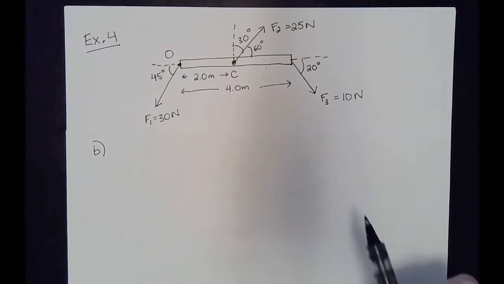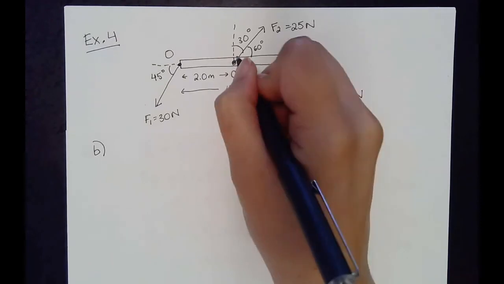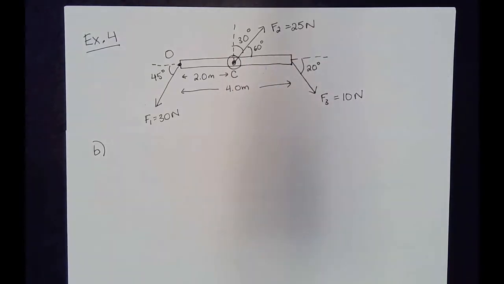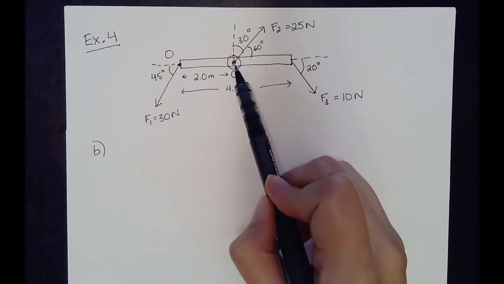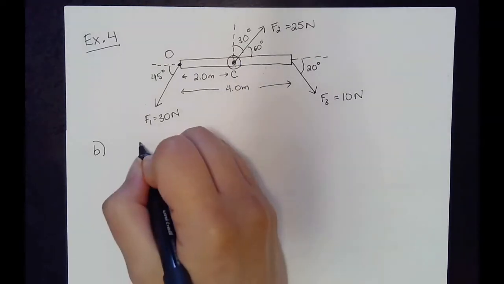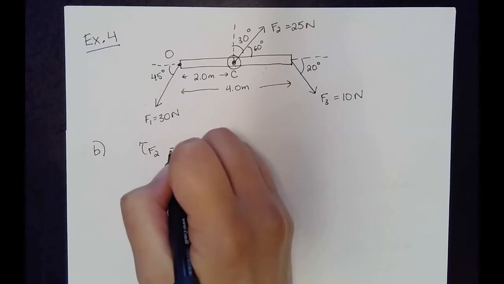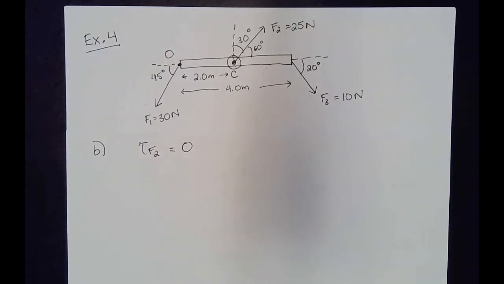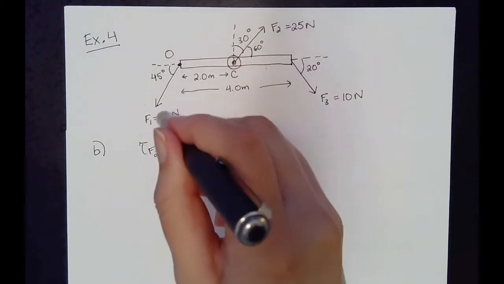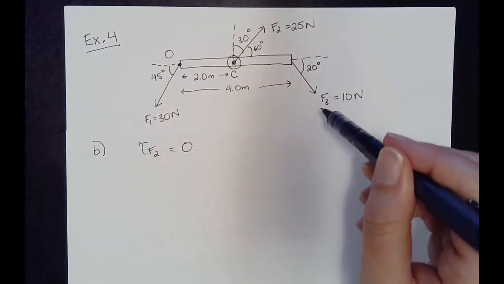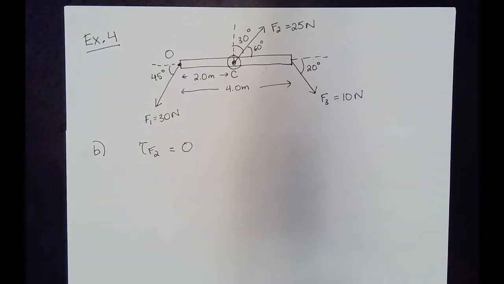Okay, back to the diagram here. Now for part B, we're using point C as the axis of rotation. So right away now we can see that F2 acts at that axis of rotation, so the torque due to F2 is equal to 0. So let's look at the torque due to F1 now. If it's rotating about this point here, then F1 would pull that object counterclockwise.